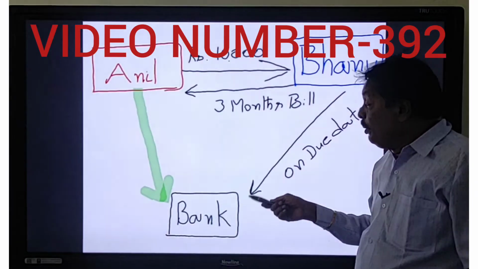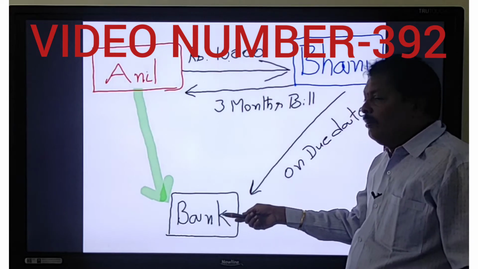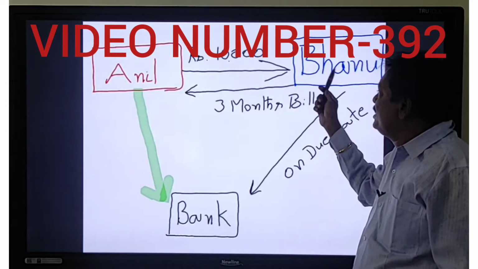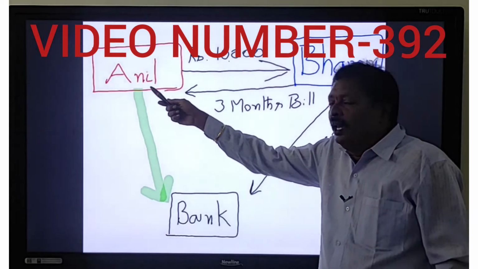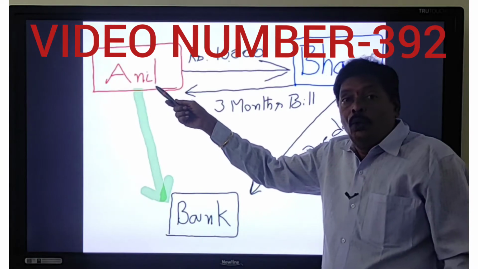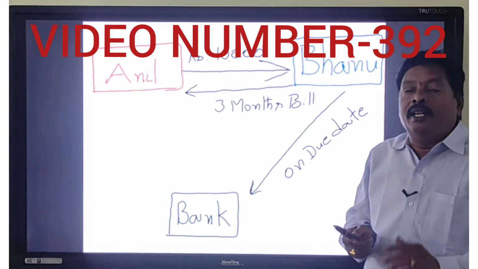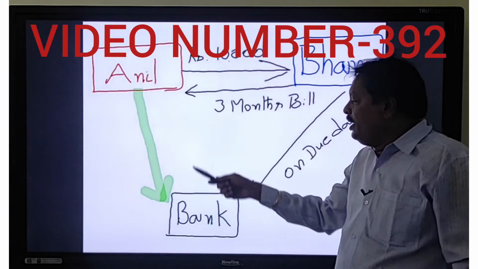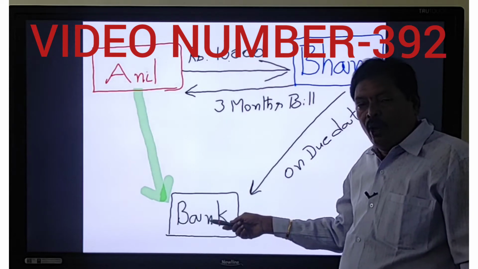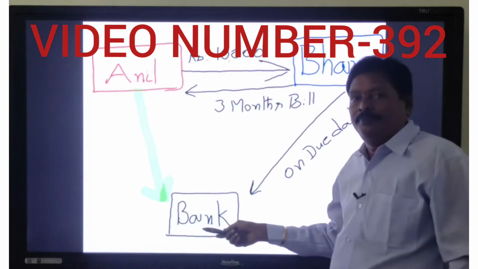In the first stage, whenever the bill is received from Banu, Anil has that bill. Now he wants to send the bill for collection, so the bill goes to the bank. Now the bill is available at the bank.